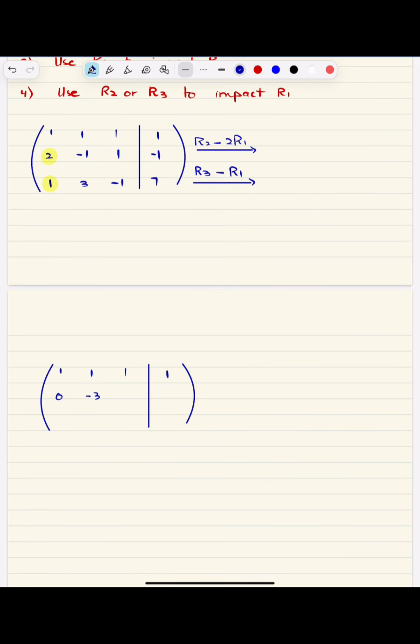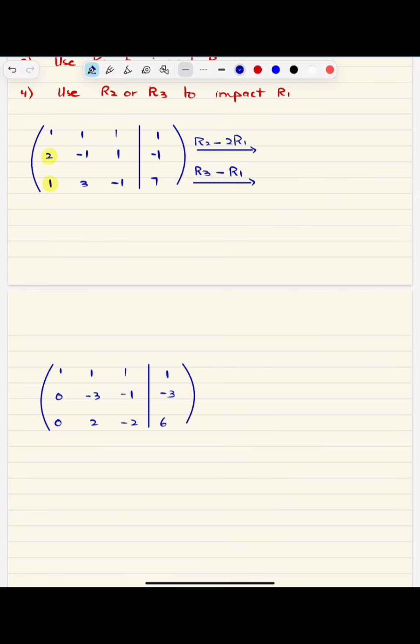Then we have a 1 minus a 2, which is a -1, and then -1 minus 2, okay, -3 again. Then row 3 minus row 1 is a 1 minus 1. This is a 0. 3 minus a 1 is a 2. -1 minus 1 is a -2. Then we have a 7 minus a 1.